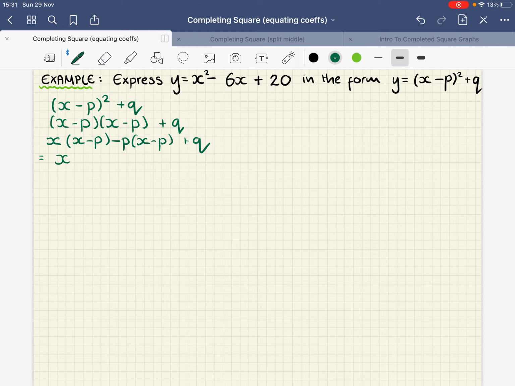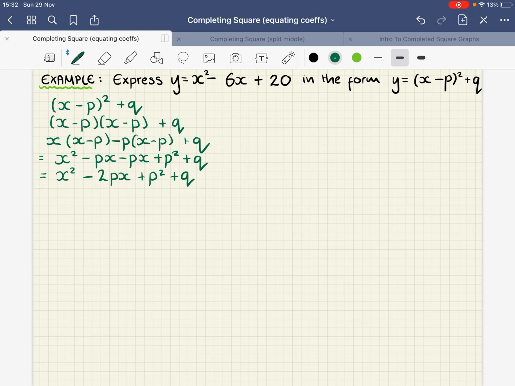So that's going to be x squared minus px, then that double negative with those minuses makes a positive p squared plus q. And then collecting my like terms together, I've got 2 minus px, so I'm just going to write that as minus 2px plus p squared plus q.